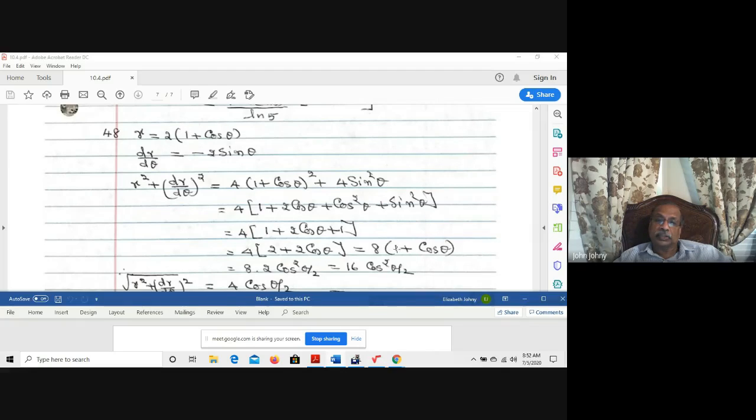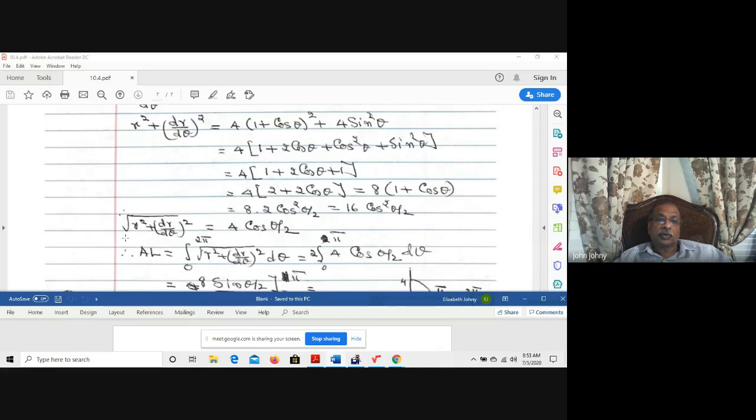So in this case, I used that identity: 1 plus cos θ is 2 times cos² (θ/2). So this is 8 times 2, 16 cos² (θ/2). Therefore, the square root of r squared plus (dr/dθ) squared is the square root of 16 cos² (θ/2), which is 4 times cos (θ/2).